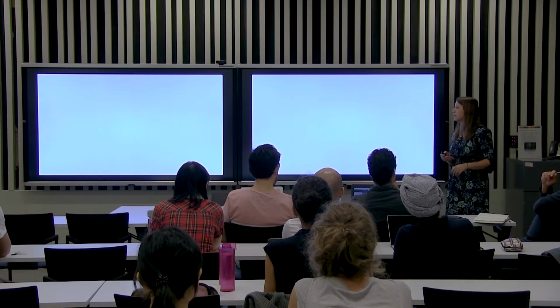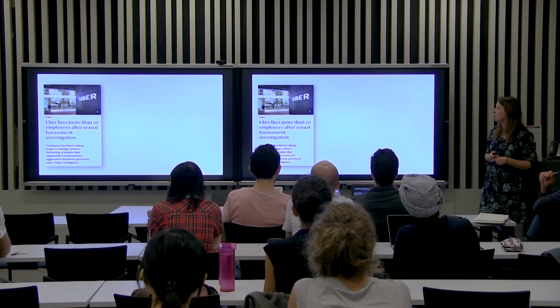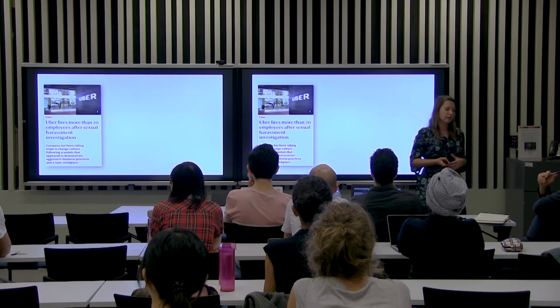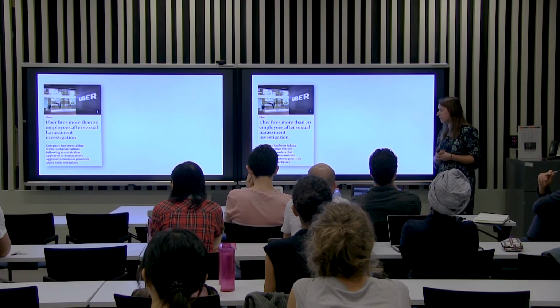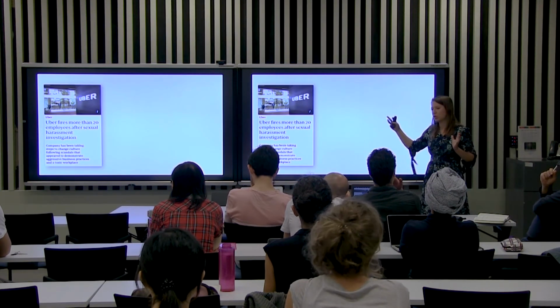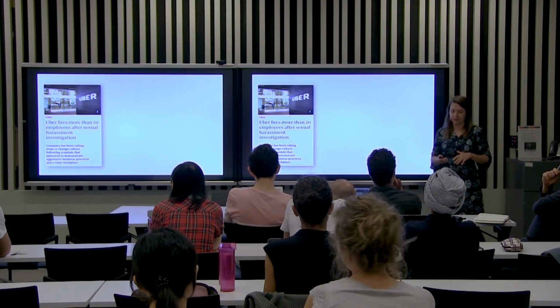In recent years, I think all of us heard a lot of scandals from the tech industry, especially from Silicon Valley. The first one was the Uber scandal, where there was a sexual harassment investigation. More than 20 people got fired in the end, and it started a huge series of scandals.